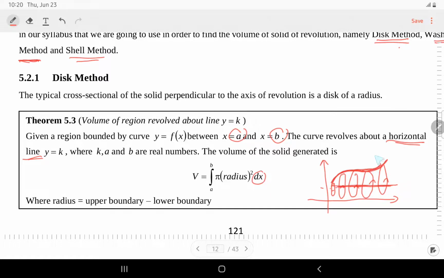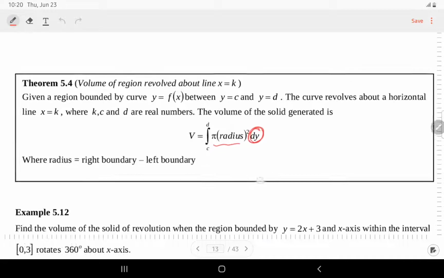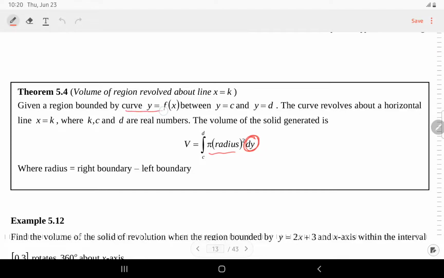So function yang atas tolak function yang bawah untuk radius. So pi upper function minus lower function squared dx. So that's how we write the first formula, integrating by dx. For the second formula yang integrate by dy tadi, we have a curve between C and D, and then the curve revolves about a horizontal line.